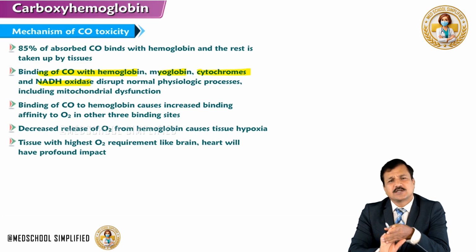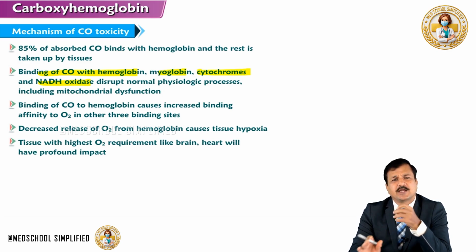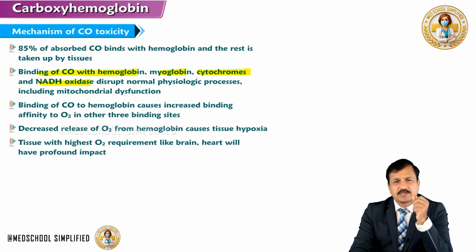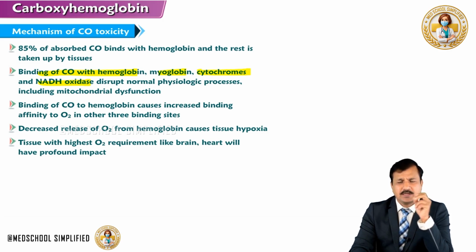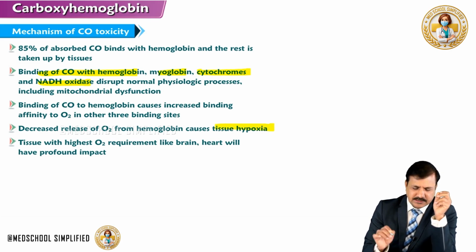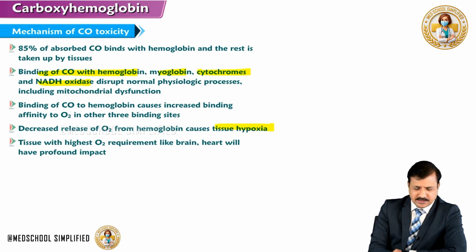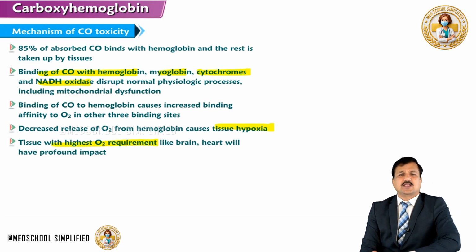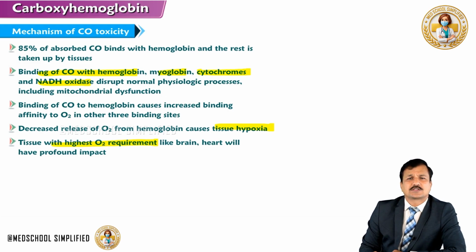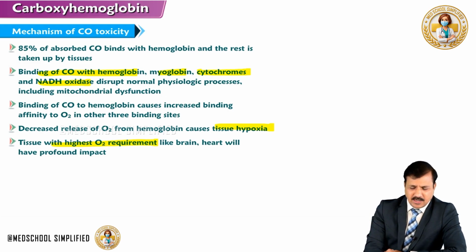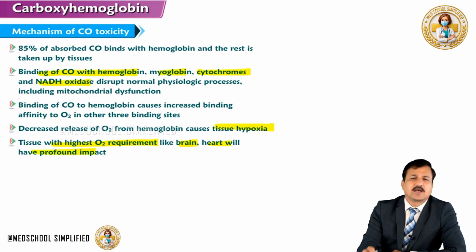Binding of carbon monoxide to hemoglobin causes increased binding affinity of oxygen to the other three binding sites, as I have explained earlier. This leads to decreased release of oxygen from hemoglobin, which leads to tissue hypoxia. The tissues with the highest oxygen requirements are the worst affected in carbon monoxide poisoning, and they are the heart and brain, with a profound impact.